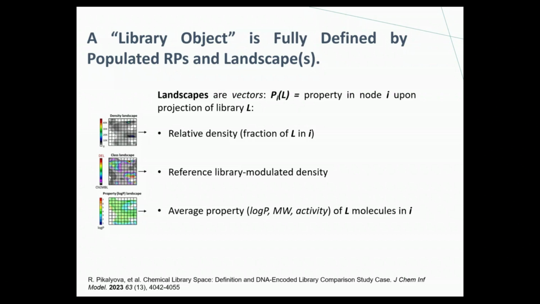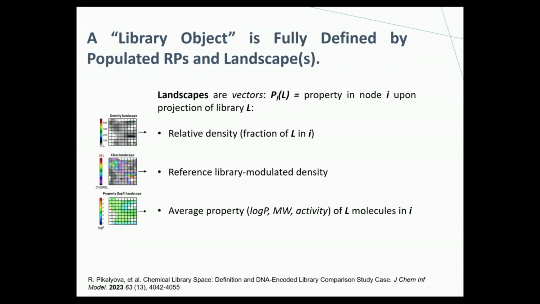So distinguish nodes from the hydrophilic regions from nodes from the hydrophobic regions. But nonetheless, this landscape is a vector, and the vector describes the library. We saw that the nodes that define these vectors can be empirically associated to some chemically meaningful chemotypes, whatever they are.